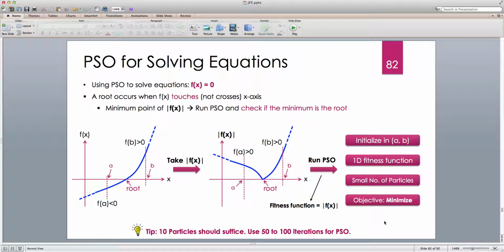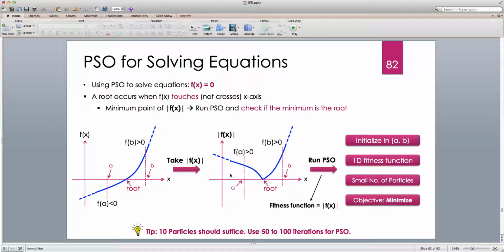So when we do this, we have a great hope that we are able to find the minimum of the function in this interval. But there is one last step, because if the function doesn't cross the x-axis, it means it doesn't have any roots. But eventually the PSO is going to return a number as the minimum candidate, let's say.